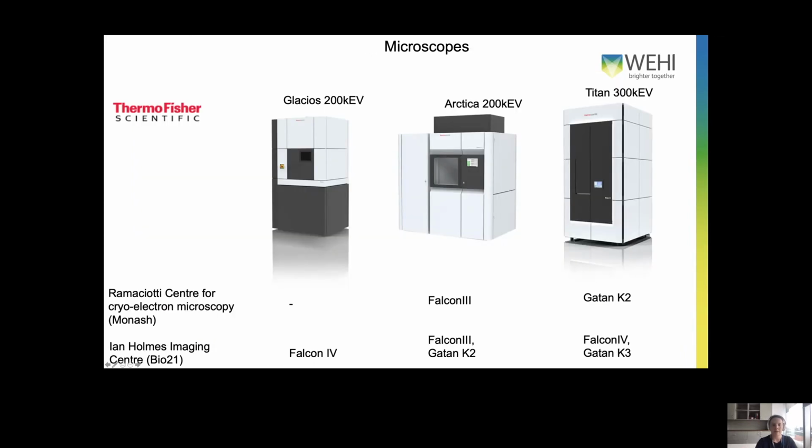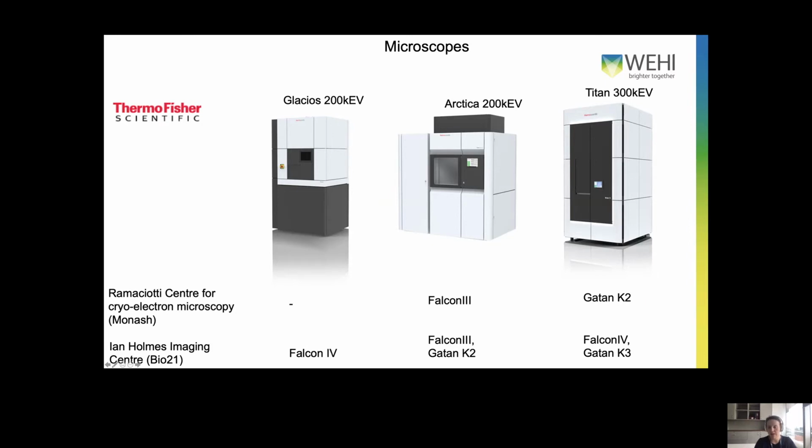So in Melbourne, we have 2 main cryo-electron microscopy facilities. There's the Ramaciotti Centre for Cryo-Electron Microscopy at Monash, and then there's the Ian Holmes Imaging Centre at Bio21. Their high-end microscopes are all from Thermo Fisher. The highest end microscope is the Titan, which is a 300 keV microscope. Then the Bio21 facility also has Arctica and Glacios, and the Ramaciotti Centre has Arctica.